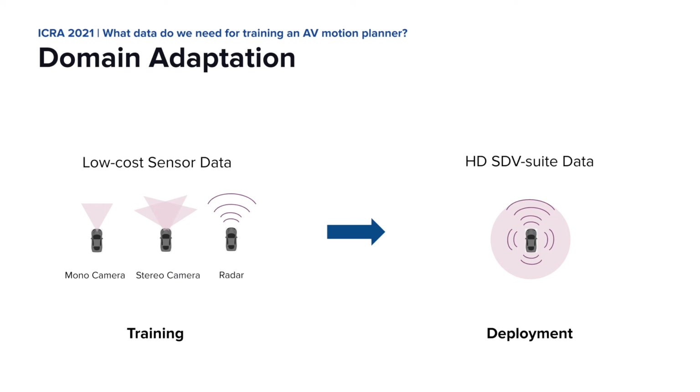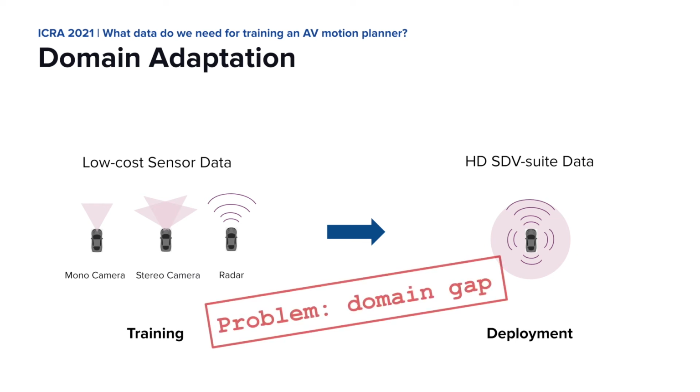During our experimentations, another important finding is that we discovered there are naturally some domain gaps between low-cost sensor data and high-quality data from self-driving vehicles. Training and testing with data from different distributions will likely decrease network performance.